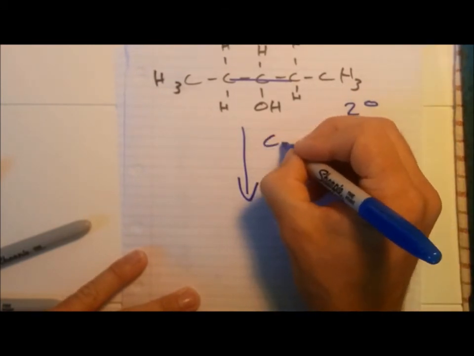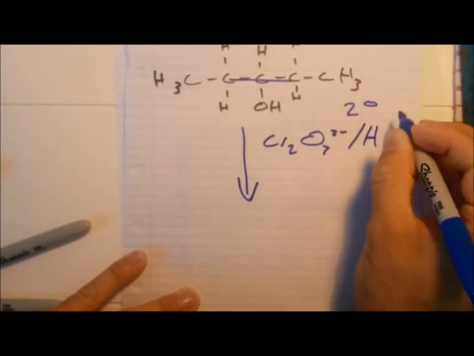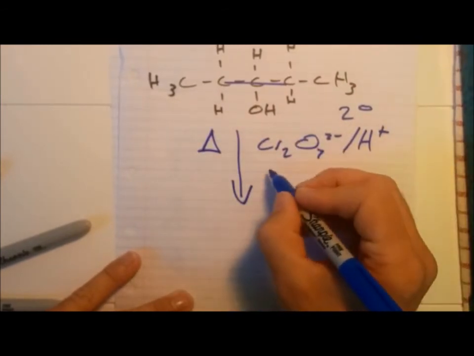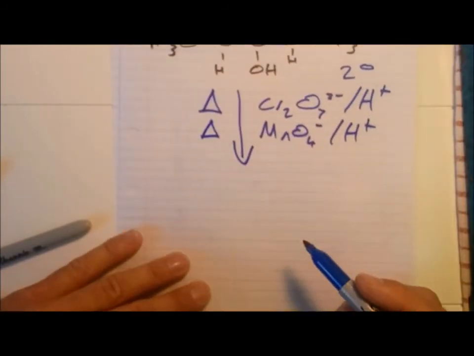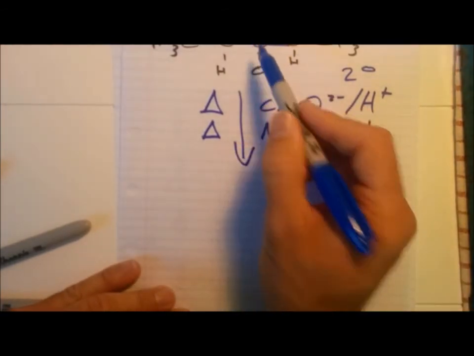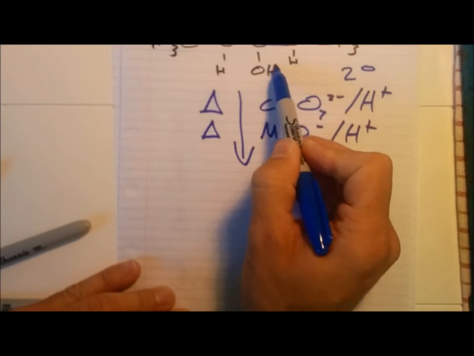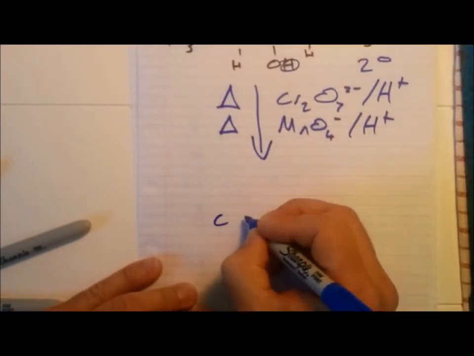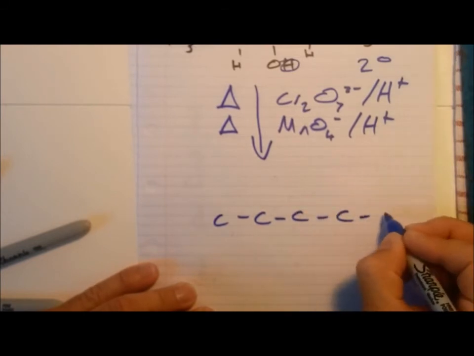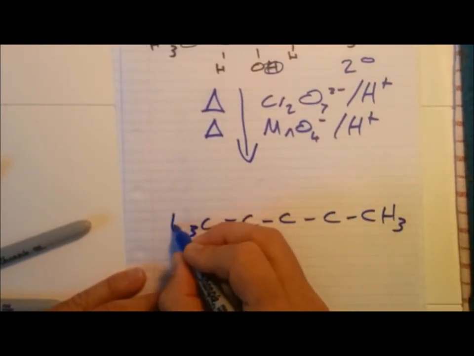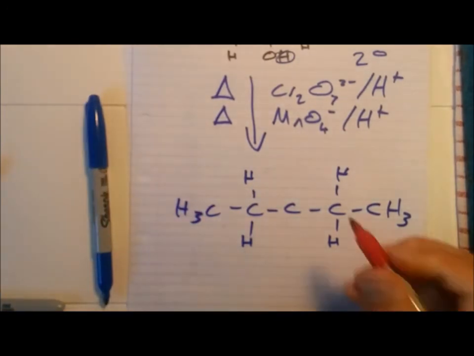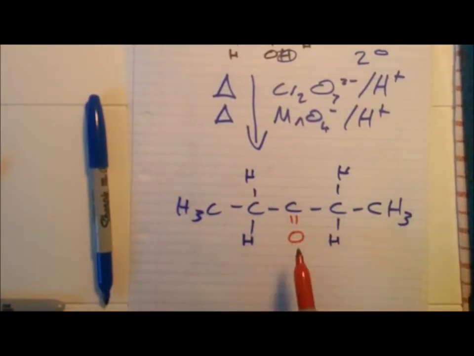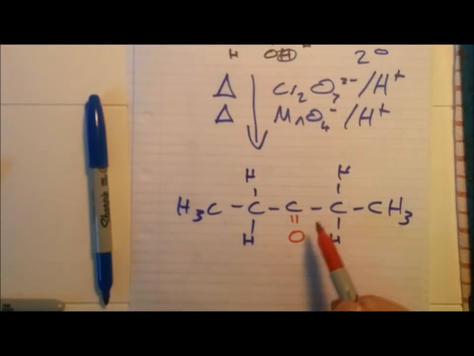When you react it, acidified dichromate with heat, or acidified permanganate also with heat, then we're going to oxidize this carbon here, so we lose this H and this H, so we end up with the double bonded O in the middle, so we get a ketone. Remembering that carbons can only have 1, 2, 3, 4 bonds.